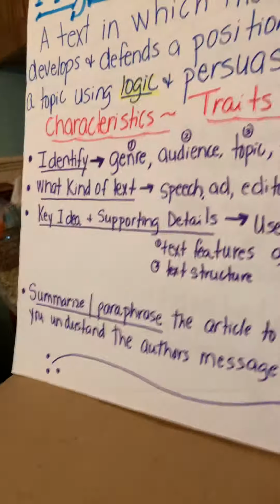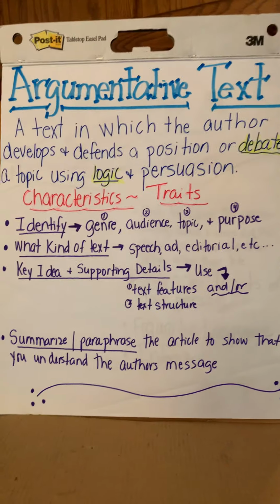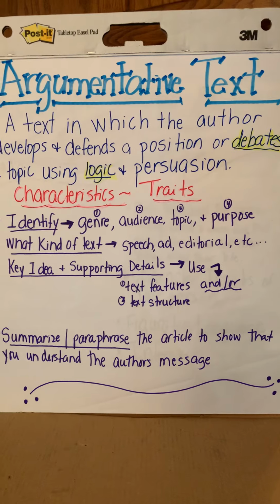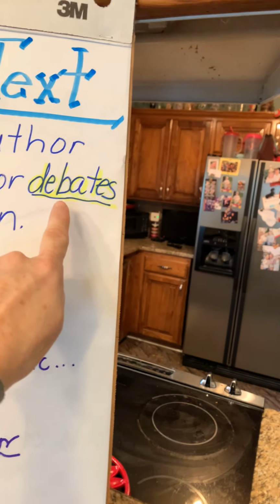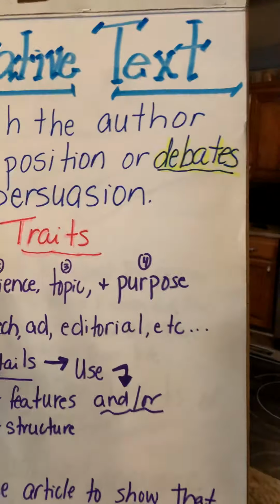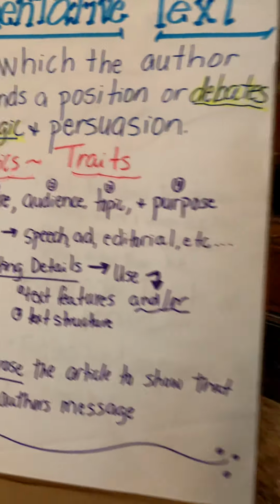So here's a little poster that I made to help you. Argumentative text is a text in which the author develops and defends a position or debates a topic using logic and persuasion. Debates means to argue, which is argumentative text, and where I said it uses logic, it uses logic instead of emotion to try to make their point, to try to get you to agree with what they're saying.